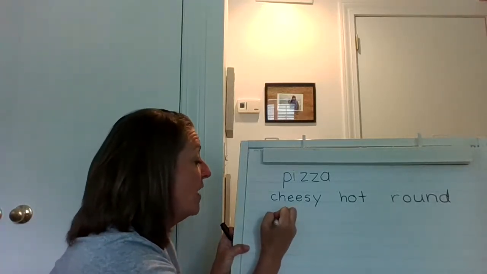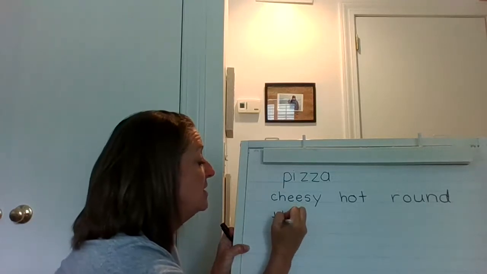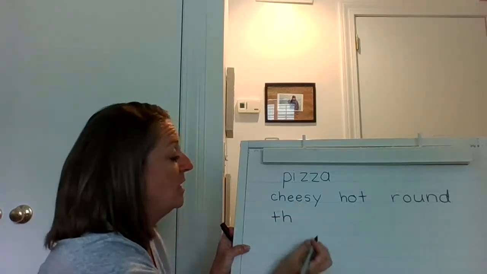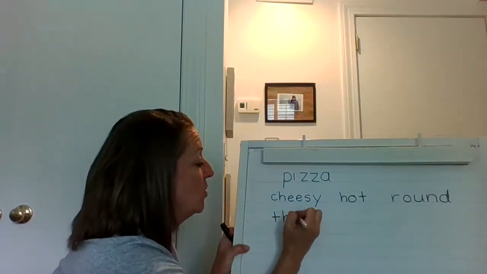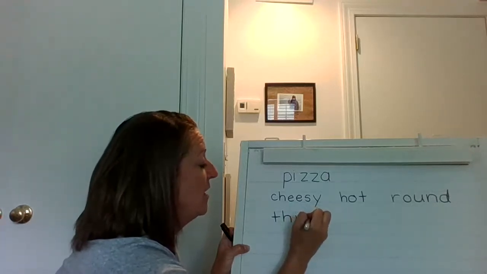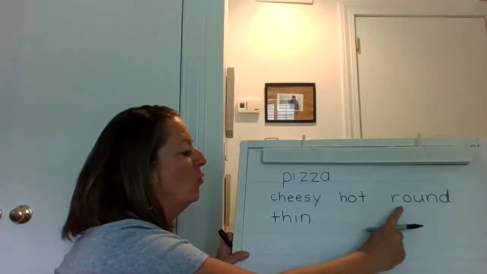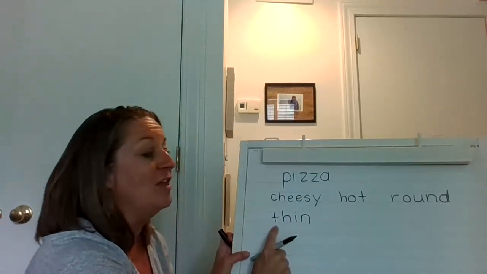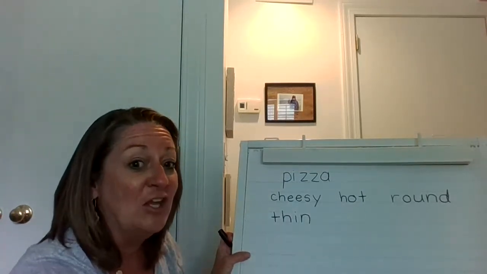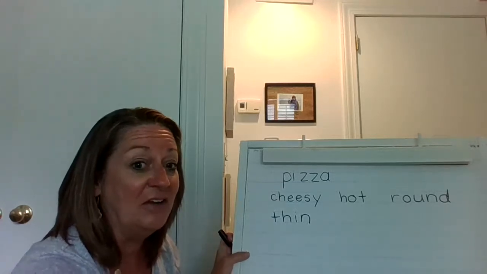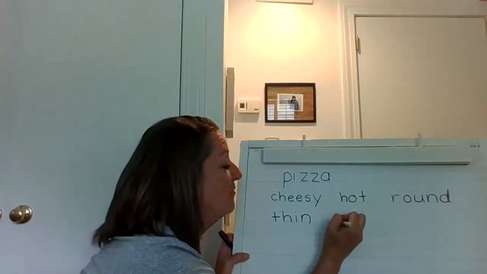So there's a digraph at the beginning of thin, and it's that TH. Good if you were thinking it. Thin. Short, lazy I, and then an N. Thin. So cheesy, hot, round, thin, yummy. Yummy has that Y first.